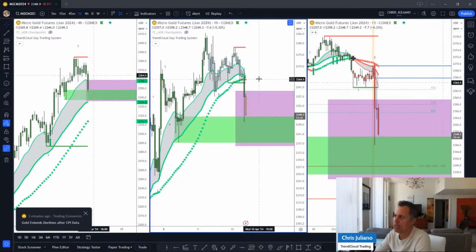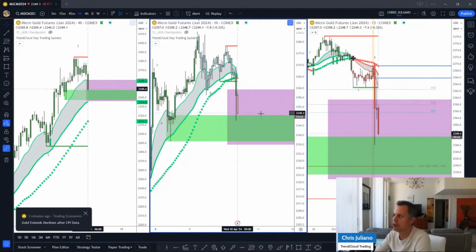The way you make any drawing show up on your other charts is to click this link right here, Sync drawing options. That's what you want to click on your TradingView platform.